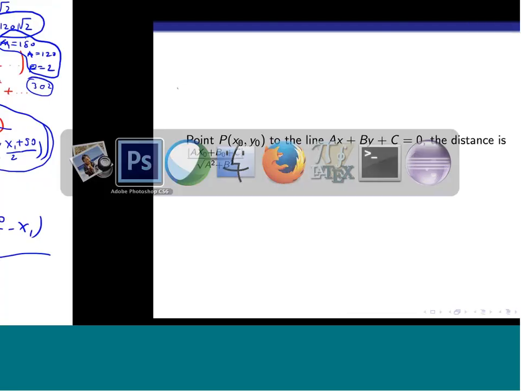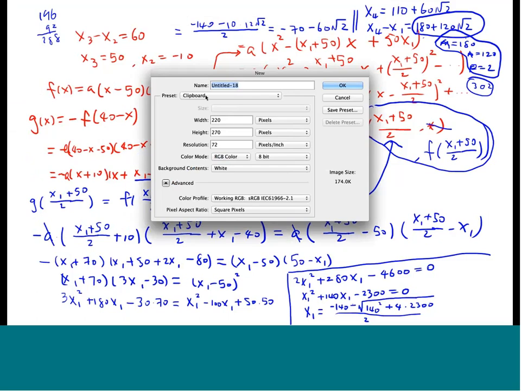Okay, let's see. So there are two ways. First off, the formula is pretty easy to remember, okay? So if you have a line, okay? Then you have a point. So the distance from P, let's say here's the line.